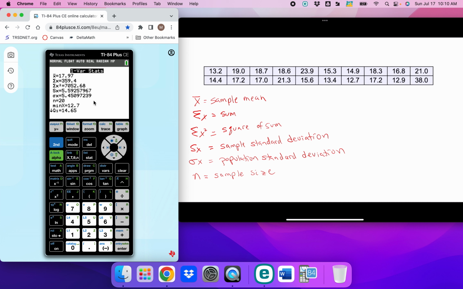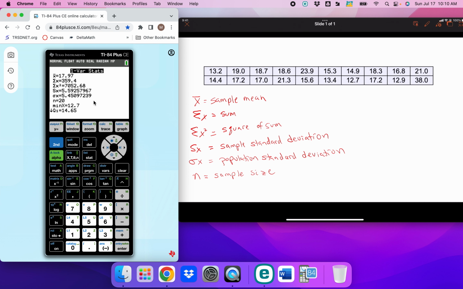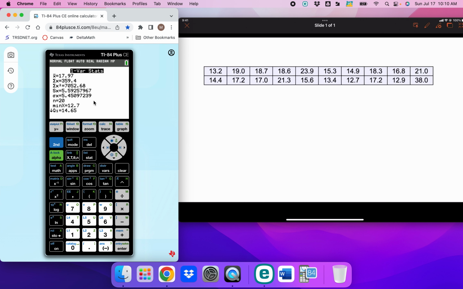So I'm going to write some of these numbers down, and we're going to talk about how to find outliers using this data. We've already kind of gone into it in our other lessons, but I'm going to spend a little bit more time here. So I erased everything I had, and I'm going to write down the important pieces.